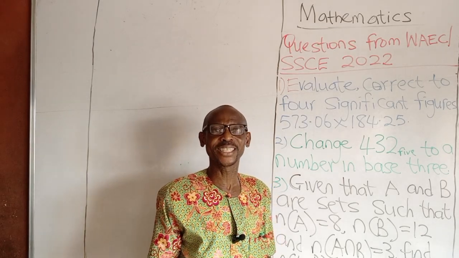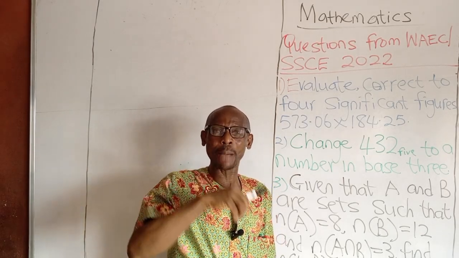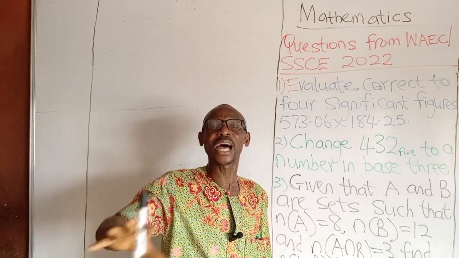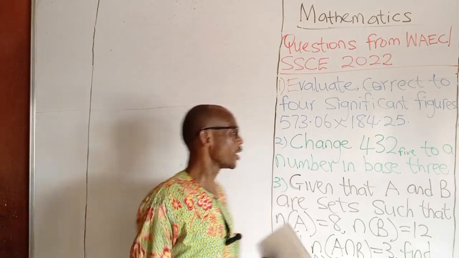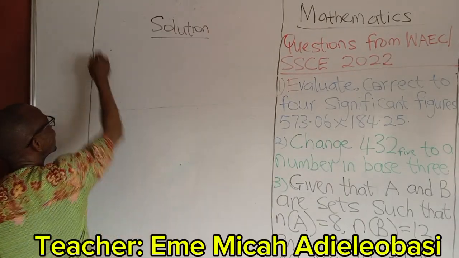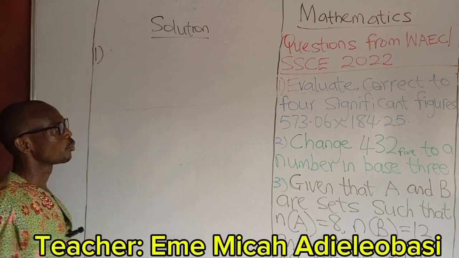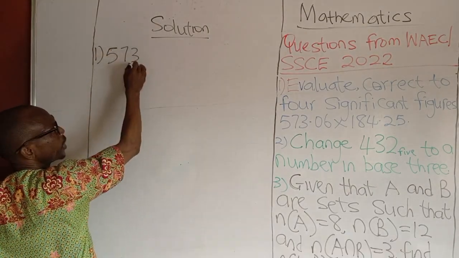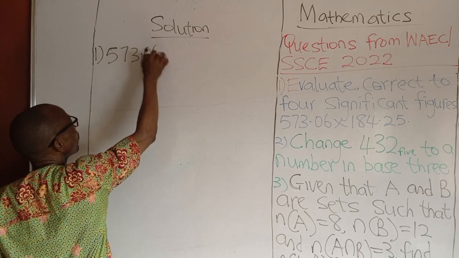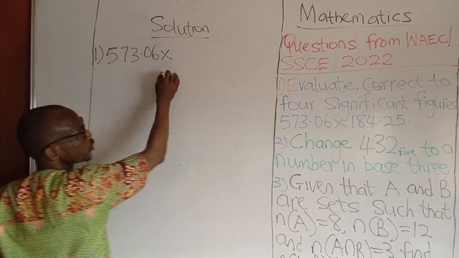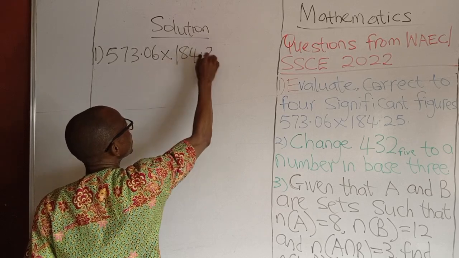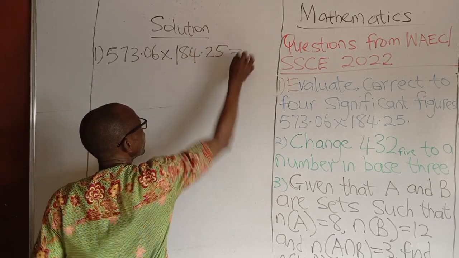So what they are testing here basically is your ability first to find significant figures. Now let's look at that. 573.04 times 184.25.